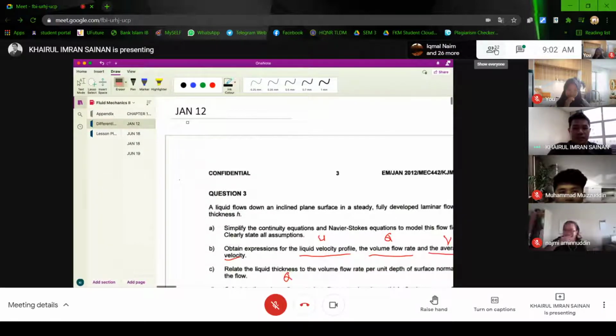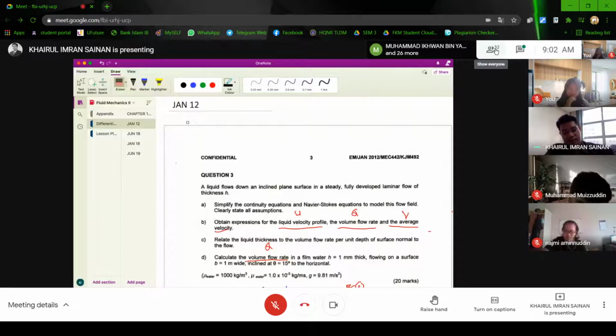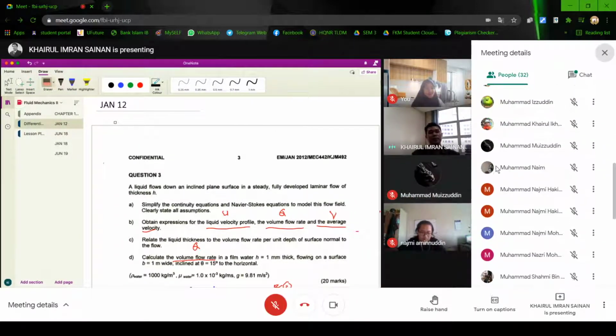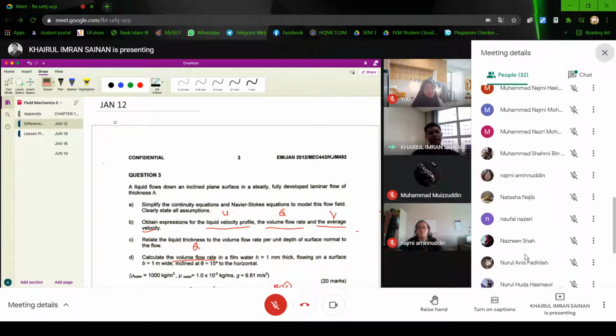Come on, ask more. Because question B is obtain expressions for liquid velocity profile, for the volume flow rate, for the average velocity. So the question only wants the expressions and not the answer. We don't need to substitute the value, right, sir? Yes. So for B, if you substitute the value, there will be no mark for that because they want expressions.